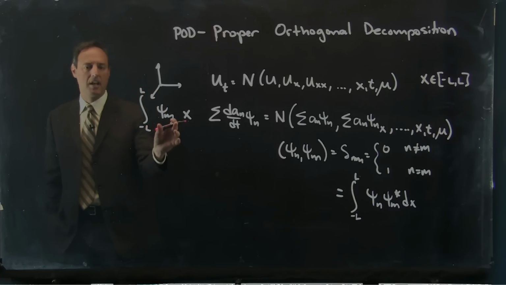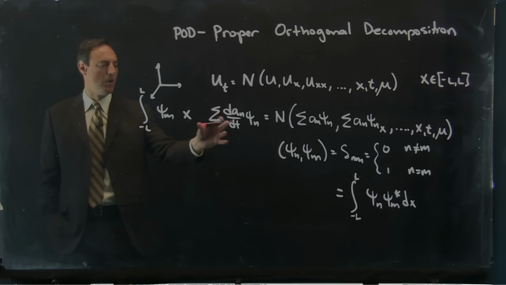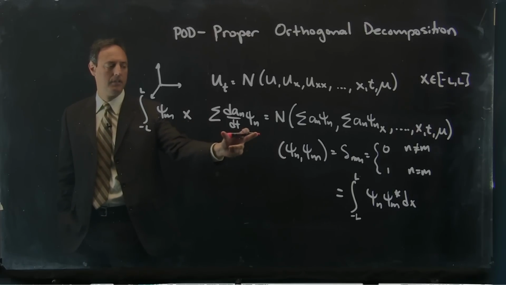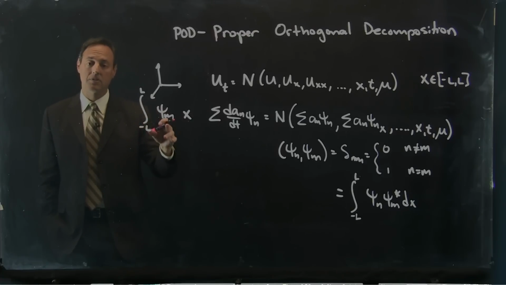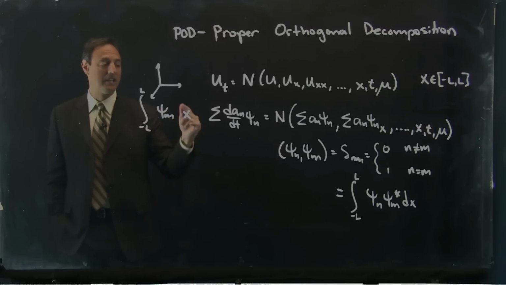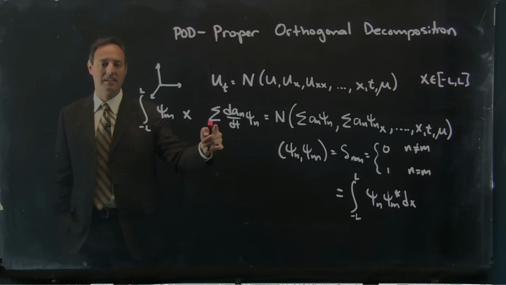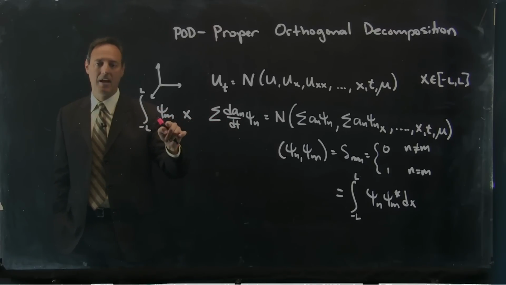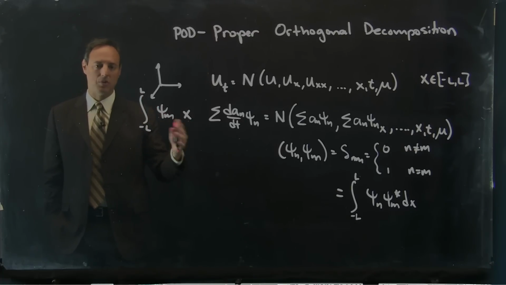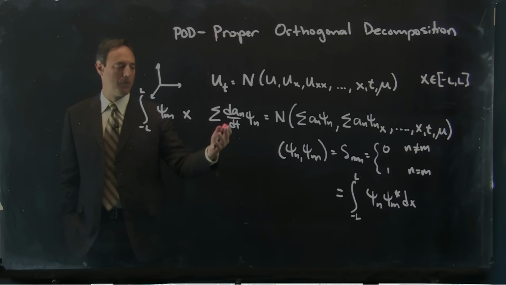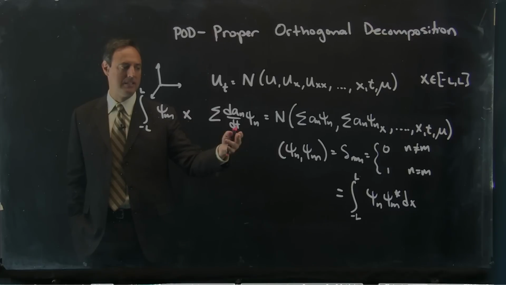And what you're going to see is something very nice, which is when you multiply on this left-hand side by phi of m, then you're going to have a phi of n times phi of m, and then we're going to integrate this. It's always going to be 0 unless what? Unless when that n is equal to m, then it becomes 1. So everything is 0 except for that, and what's left over at that point is dA of m dt.